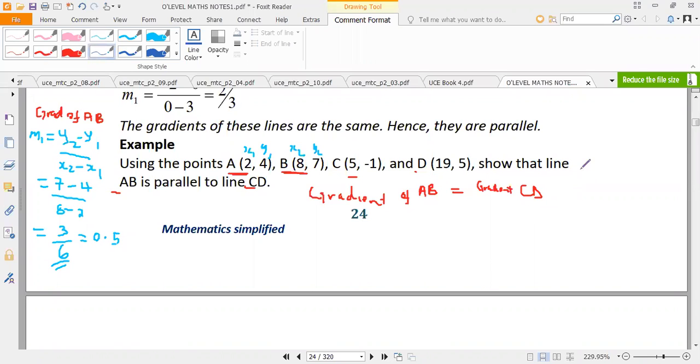Okay, so we can go ahead and also look for the gradient of CD. If I call it M2, it will be given by Y2 minus Y1 out of X2 minus X1.